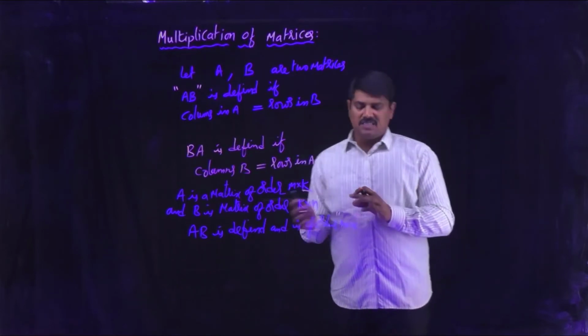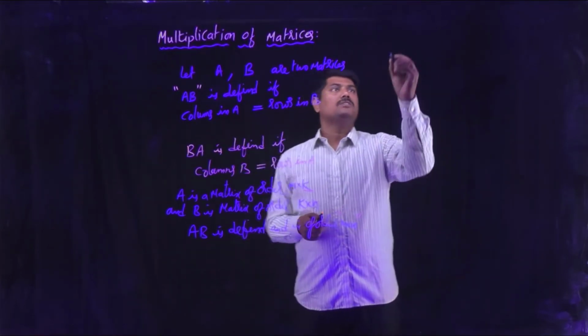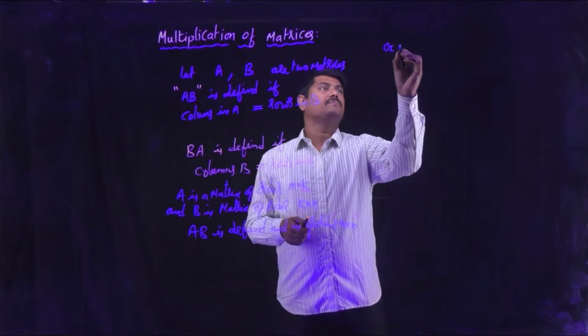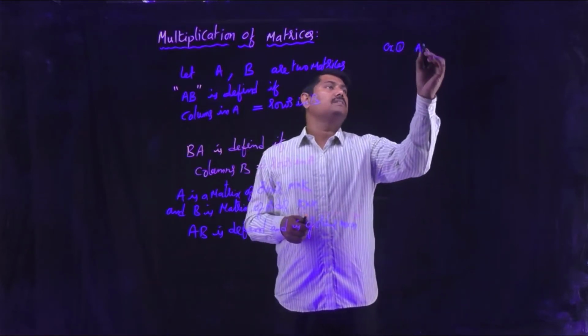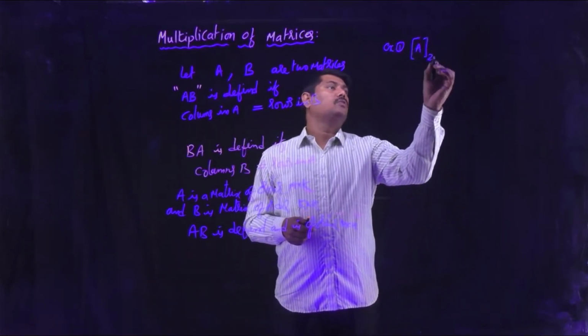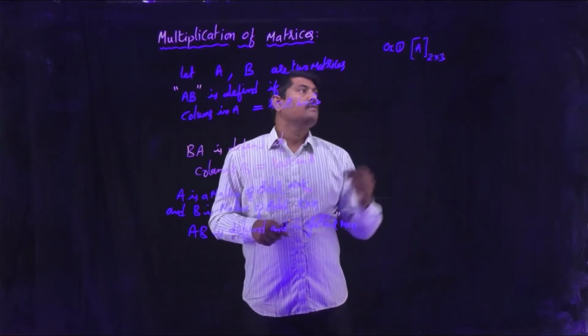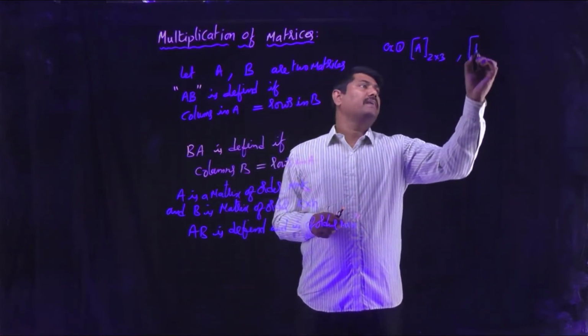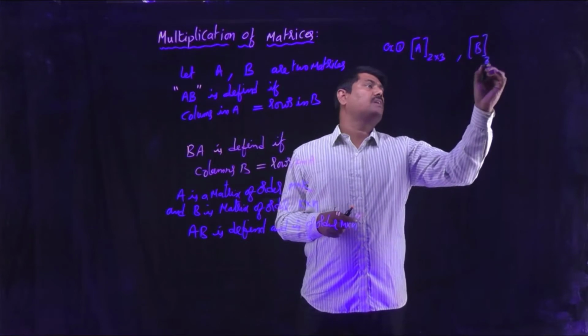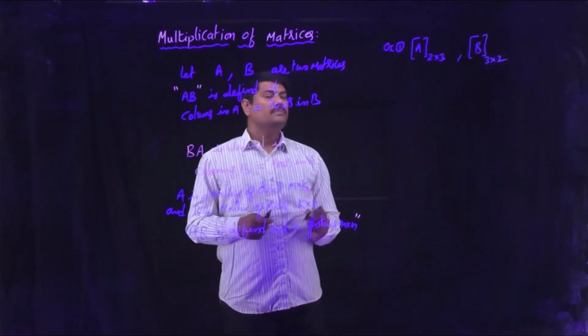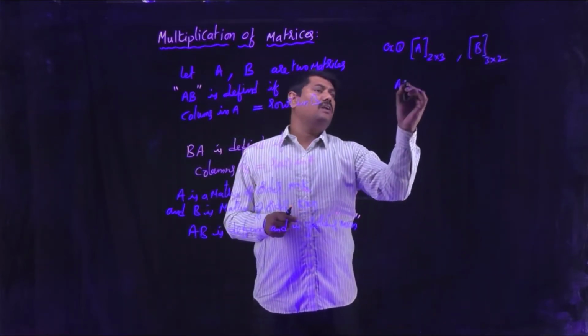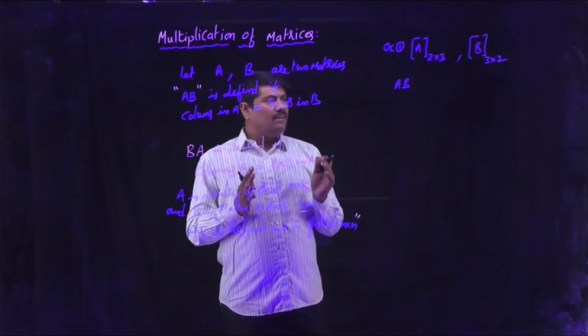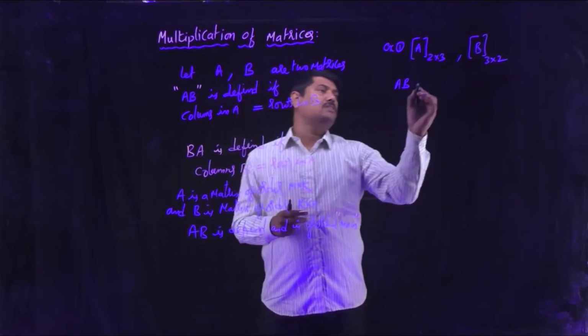Now let me explain this concept with one example. A is a matrix of order 2 by 3 and another matrix B is of order 3 by 2. Then what is the order of the matrix AB, and whether AB is possible or not?